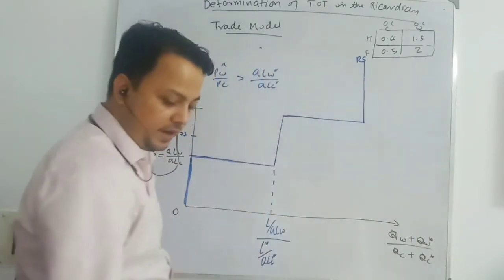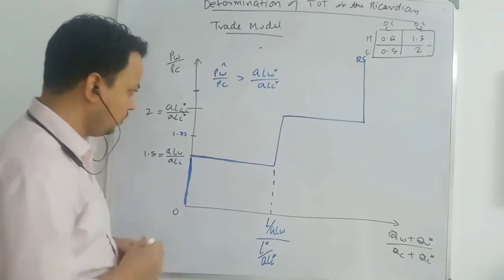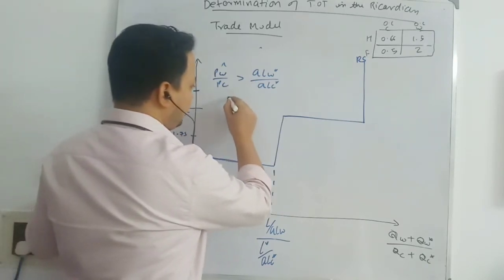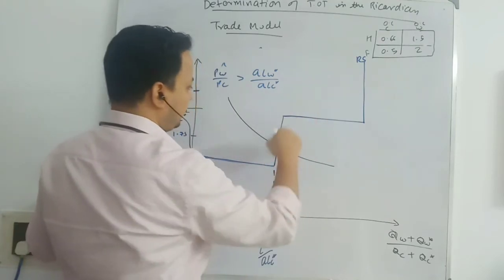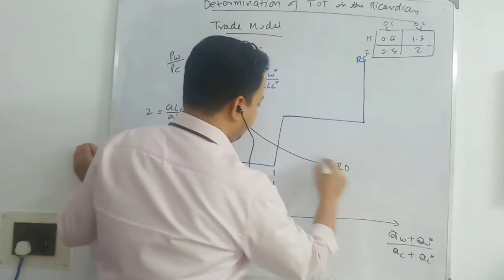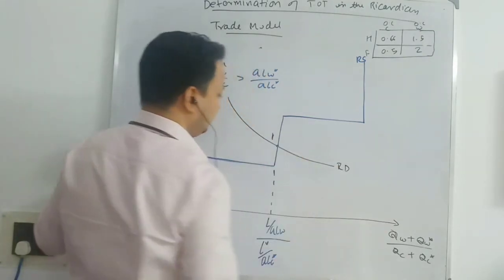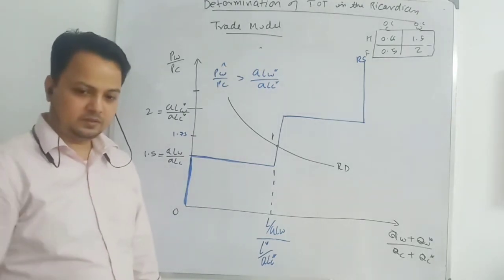Now, if you aggregate, this part is important. If your relative demand is such that it intersects the relative supply curve in this specialization zone, so this is point number 1, then both countries will specialize.